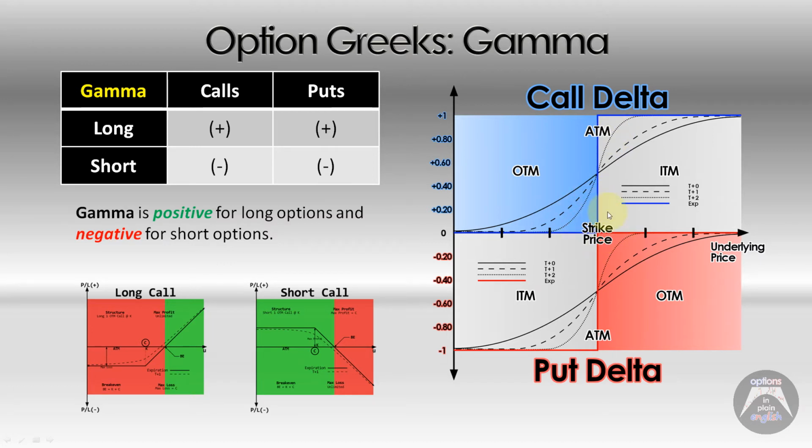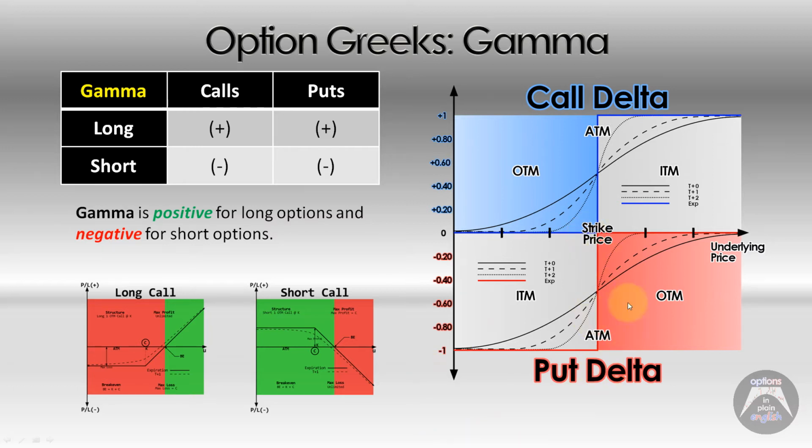This is something that we're going to analyze later on, but that is how gamma acts as time passes, and when gamma is affecting the delta the most.